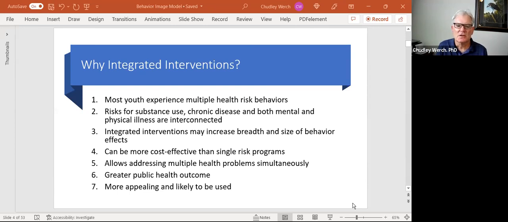In other words, within a single intervention, greater public health outcomes. And lastly, very important, we found over the years that parents and youth and providers are much more likely to embrace, to engage, to enjoy programs that address more than one risk factor.